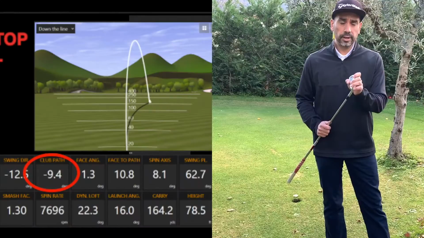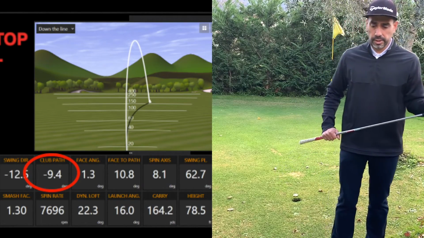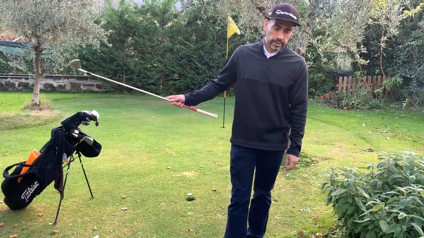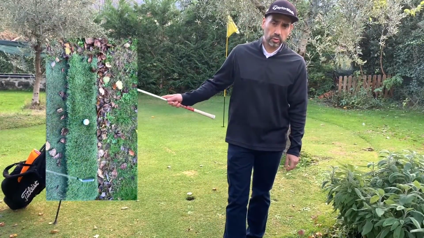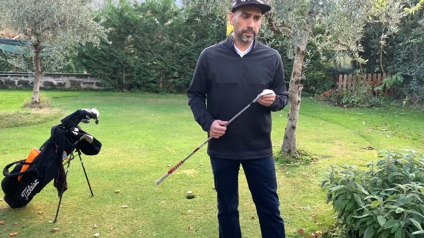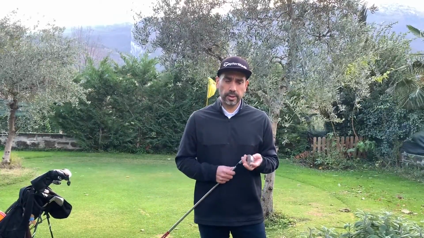In fact, if you look at a slice, it's going to be like 9 or 10 degrees negative, and that shows you that your swing is coming in from out to in, which is not ideal, I guess. Obviously, if you're hitting a fade, the numbers are going to be a little bit different, but they're not going to be extreme.